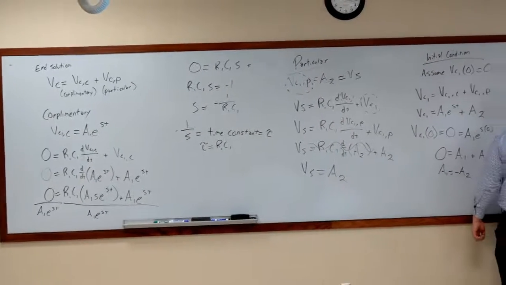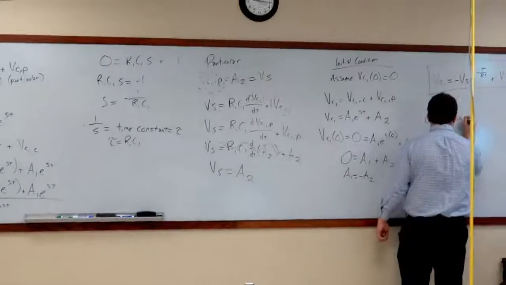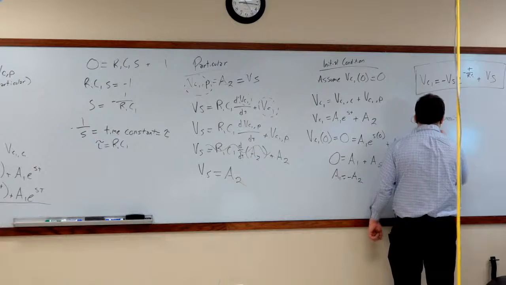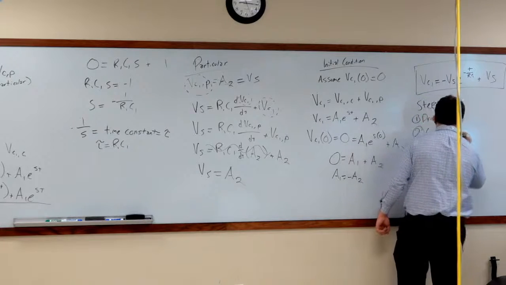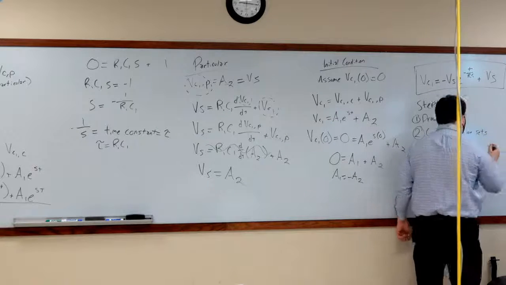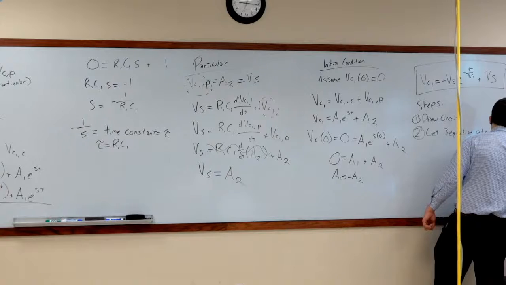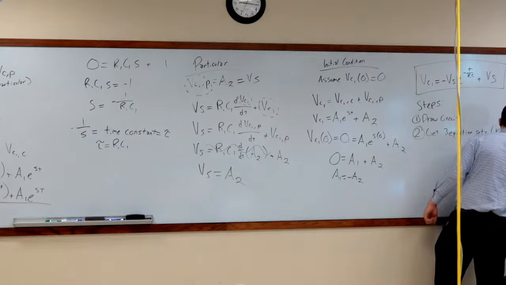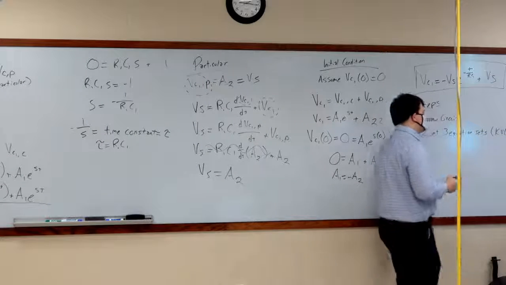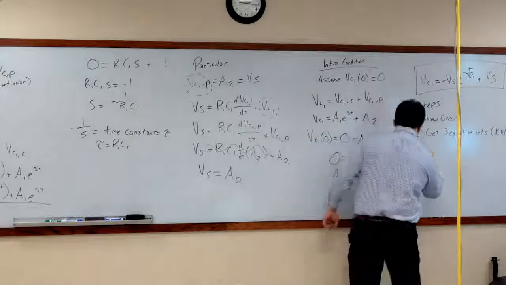1, draw a circuit. 2, get 3 equation sets. And that's going to be your KVL, KCL, and then component equations. That's what your 3 equation sets are.